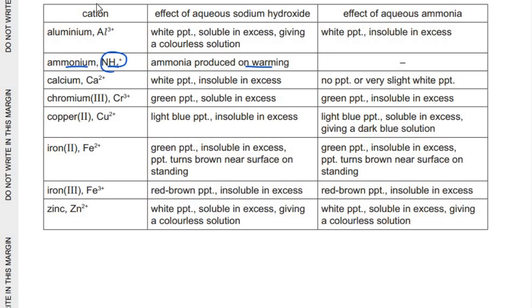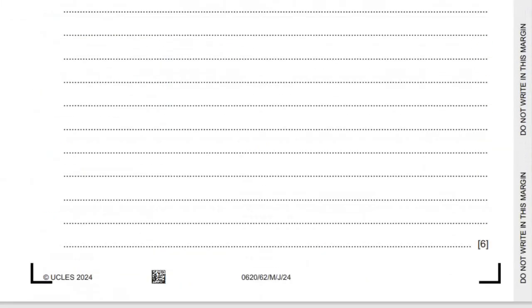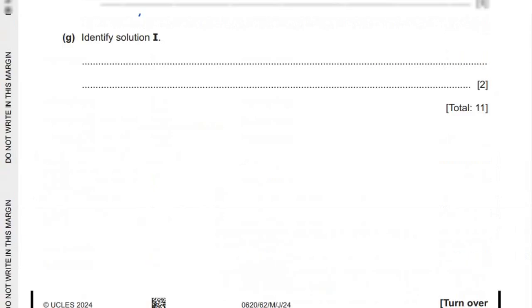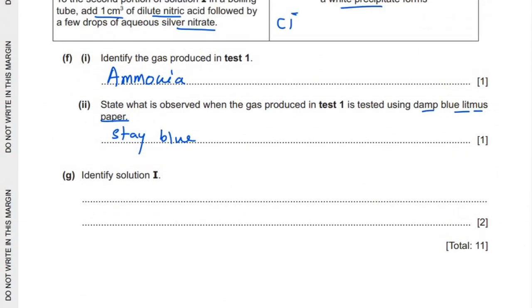It's written for NH4+, that is ammonium ion. Here in our solution we have added NaOH and ammonia gas is produced. Now that is also a test of ammonium ion, that on adding any alkali and warming, if ammonia gas is produced, then it's ammonium ion.